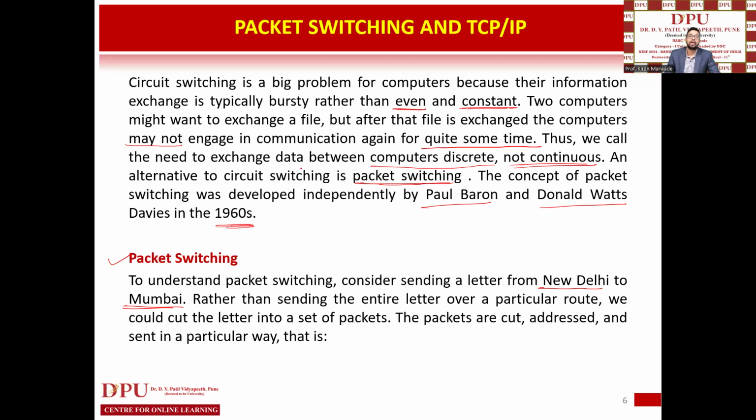As we have already said, if this is the message which you want to send to someone, this is the sender and this is the receiver, it will divide that into small packets.